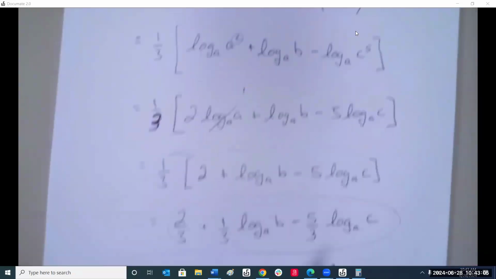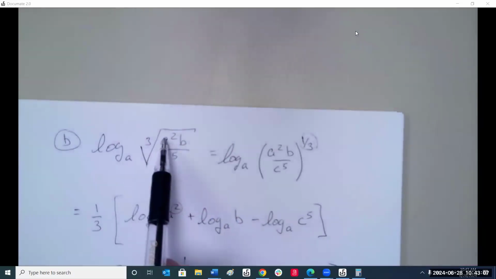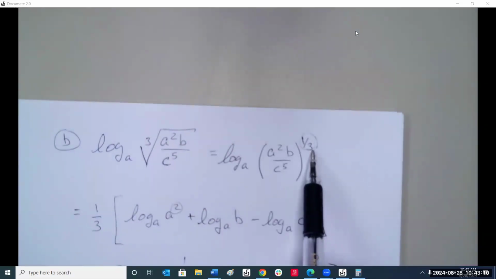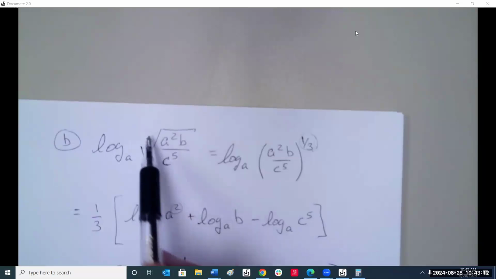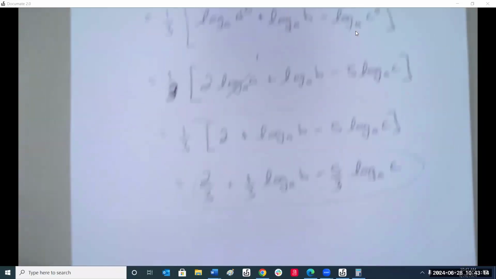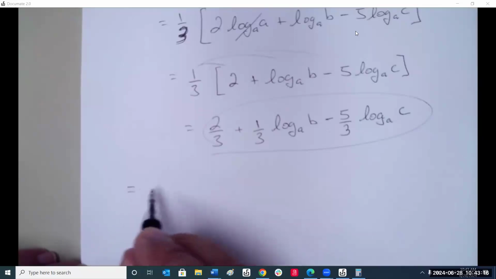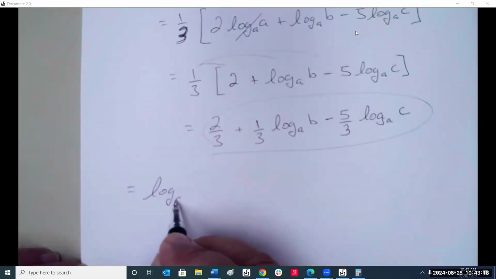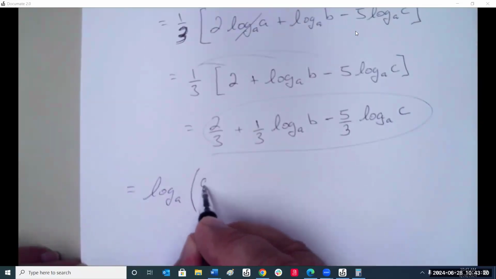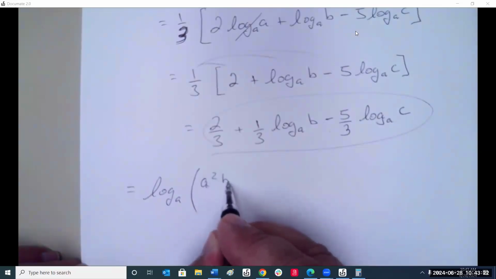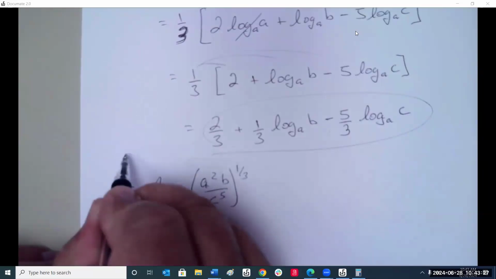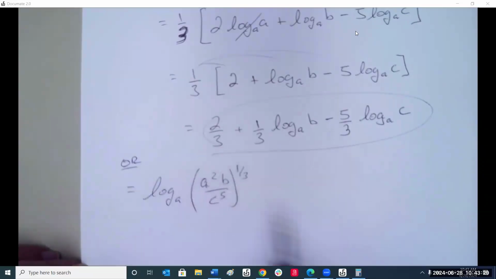But there's another way. Once we converted the radical into an exponent, the root is 3, so it goes on the bottom. Or we could have done it this way.